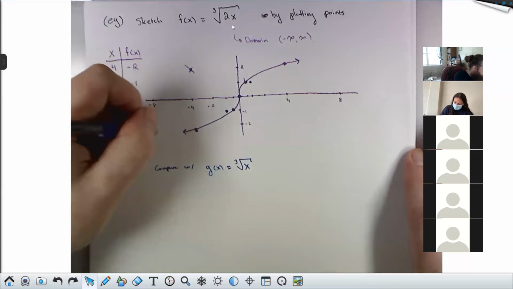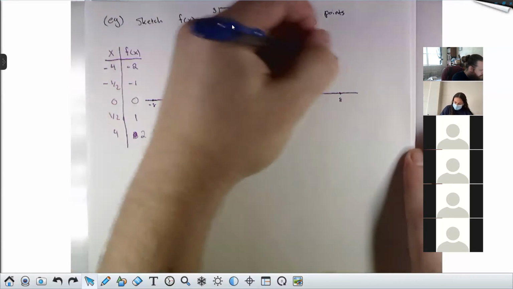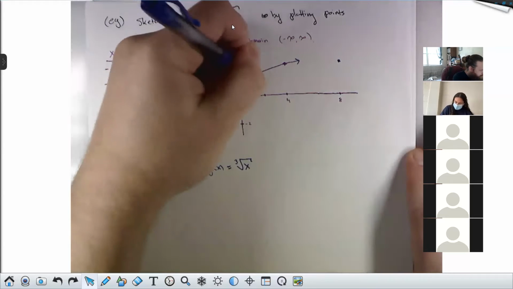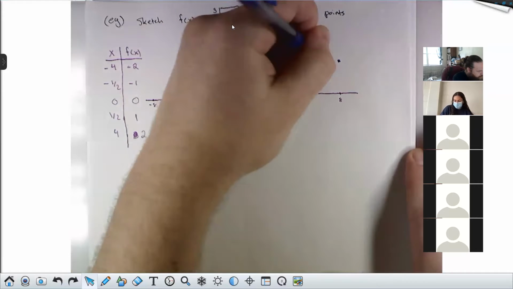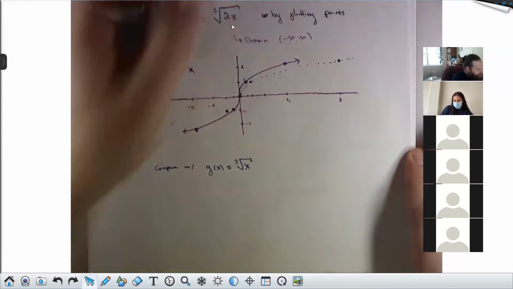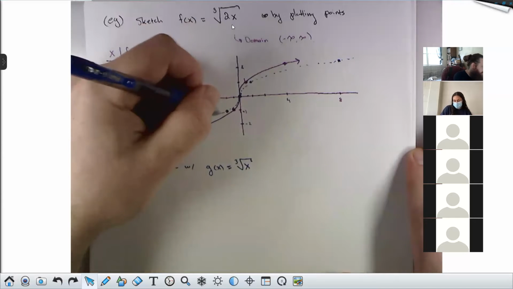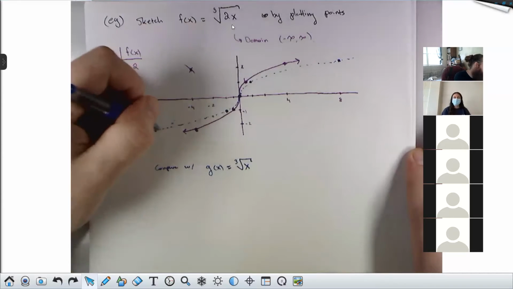So the blue graph, this time I will do it dotted, is much wider. In fact, the blue graph is wider by exactly a factor of 2.